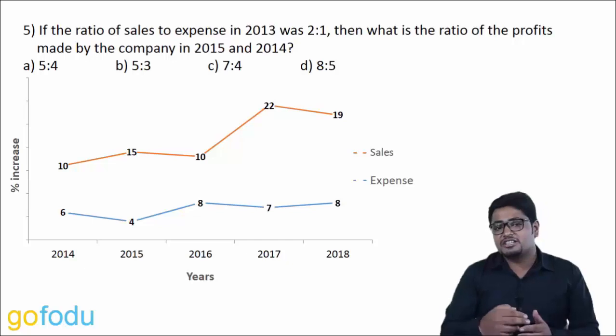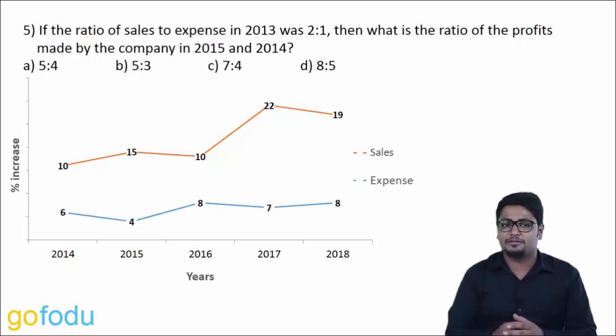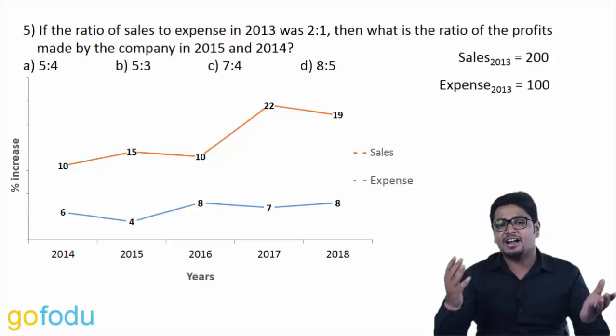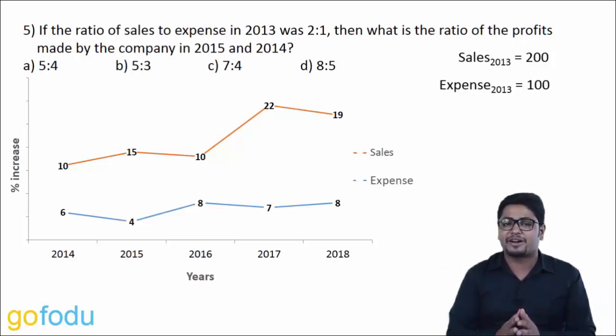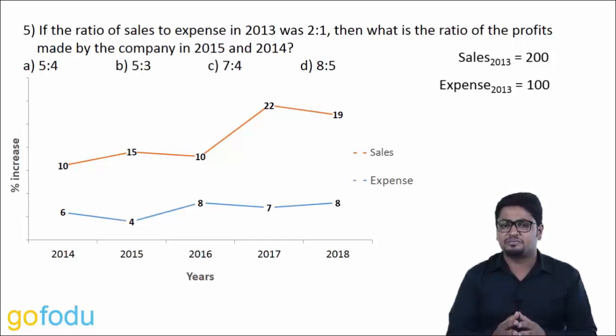In this case, it's given for 2013 and is equal to 2:1. So, we can safely assume the actual values to be 200 and 100 for sales and expense respectively. We can also proceed by taking 2x and x. That won't make any difference.